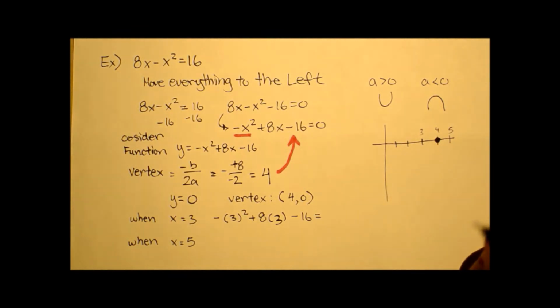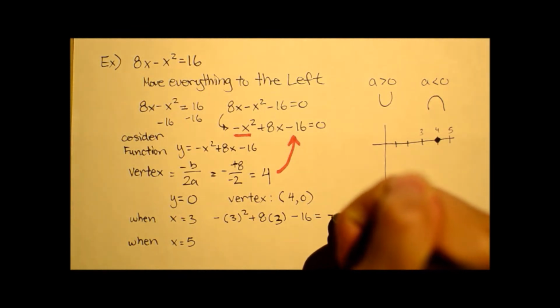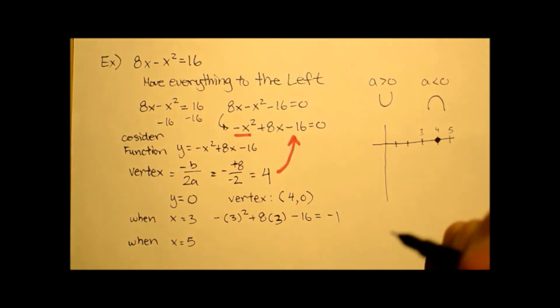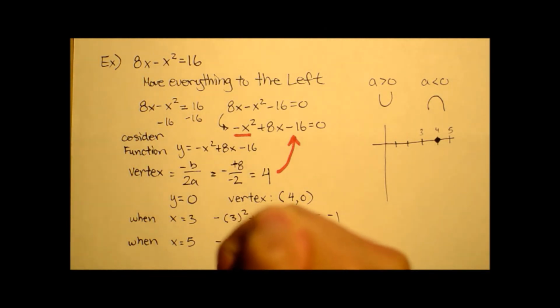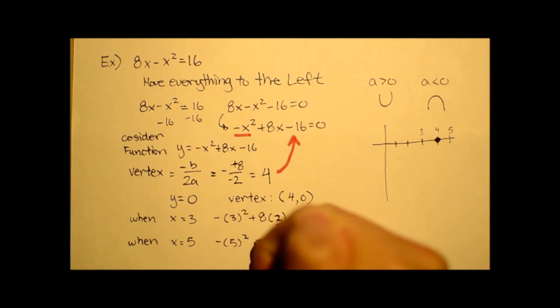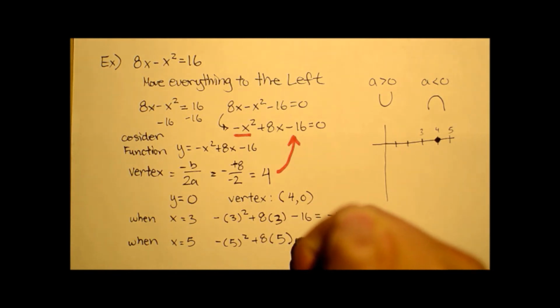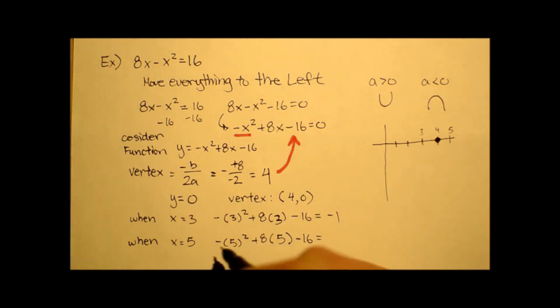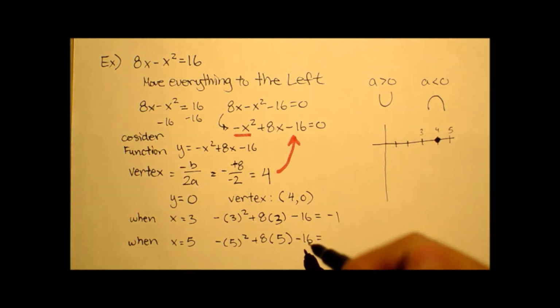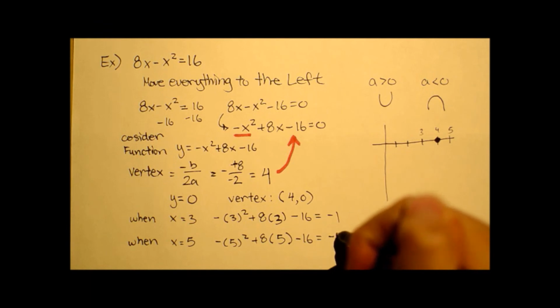So we plug in 3, we get negative 1. So far so good. If I plug in 5, negative 5 squared plus 8 times 5 minus 16, that also gives me negative 1.